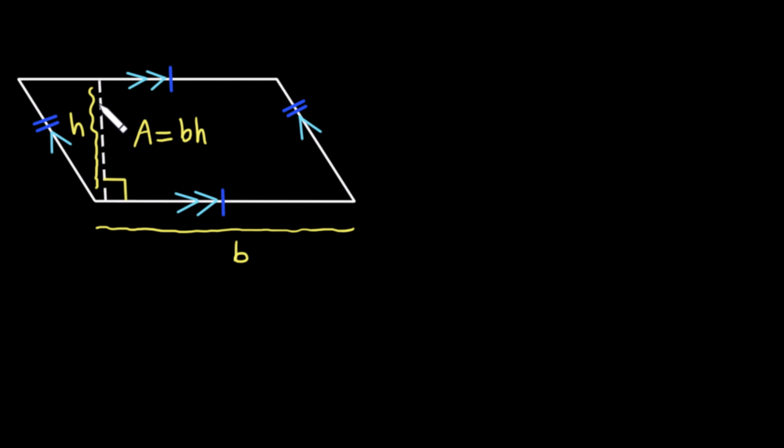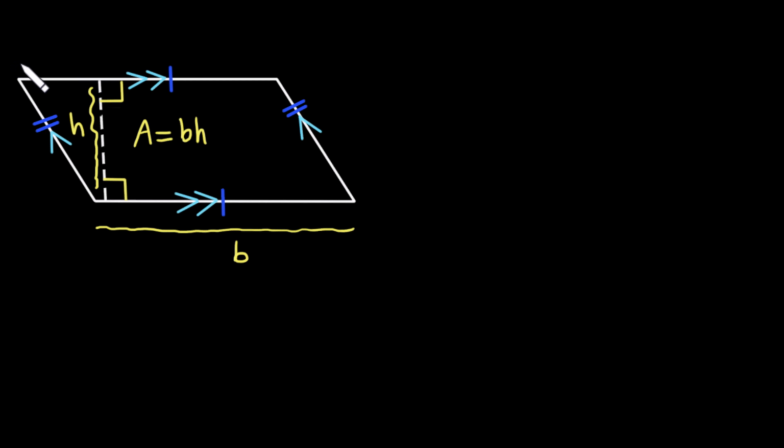Also, since the top and bottom sides are parallel, you can see this side is parallel to this side. If the height is perpendicular to the bottom, then it is also perpendicular to the top side. So we can draw a mark here, which shows that there is a 90 degrees angle.